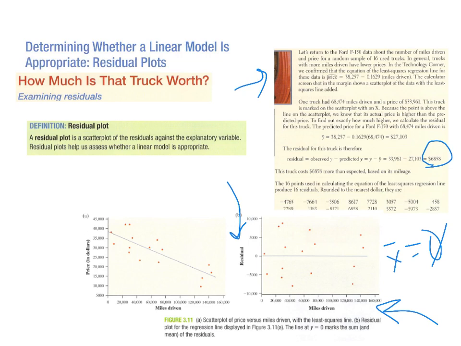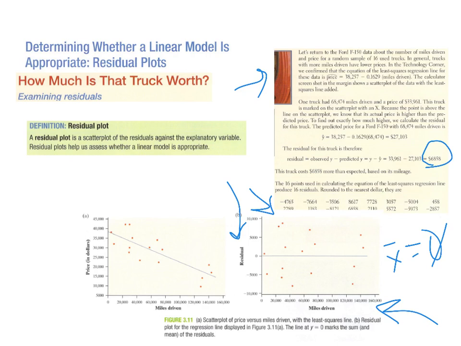So you can go through and you can calculate all of the residuals for this data set. And when we go and we graph all of those residuals, okay, we get our residual plot. And this particular residual plot that we have over here on the right, you'll notice doesn't have any sort of pattern.